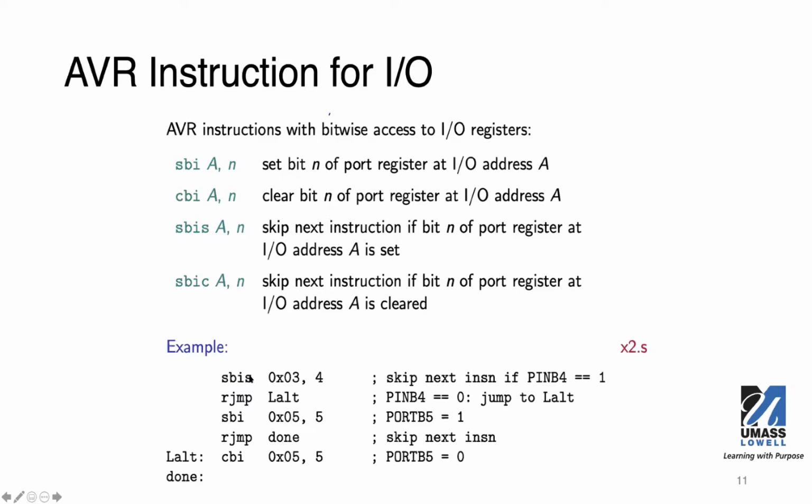If it's not set to 1, if it's cleared, then we will not skip the next instruction. We will execute it. It will take this instruction, jump to ALT, which is going to be here. So what we're going to do is clear bit number 5 in the port B register. Okay, so this is how we do if-then-else for this simple case.